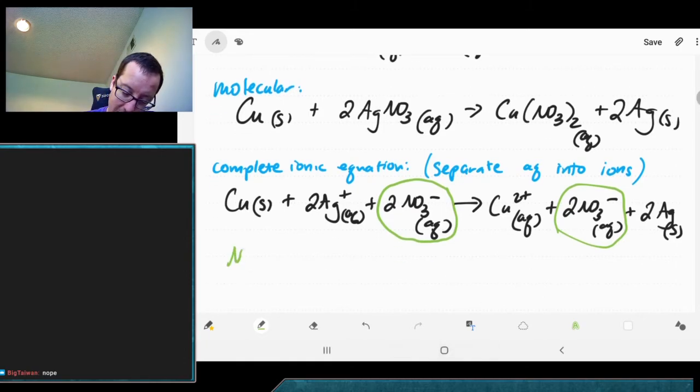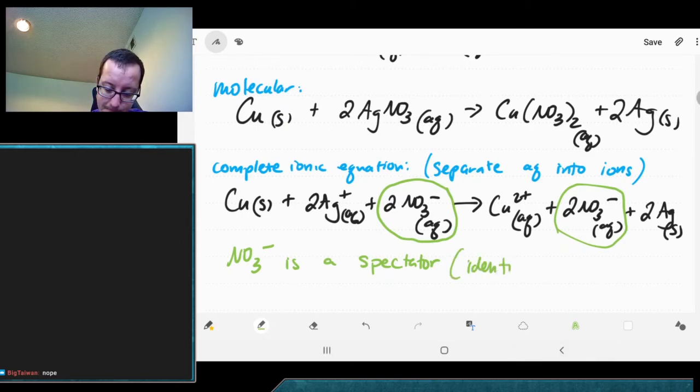So in this case, nitrate is a spectator for this particular reaction. And remember, that means identical on both sides. I don't know how to spell identical, it seems.